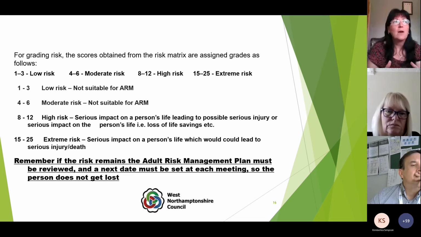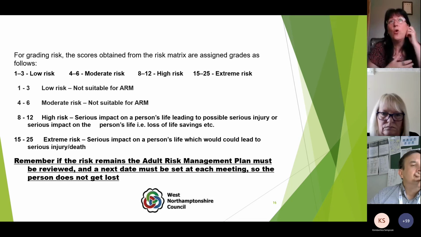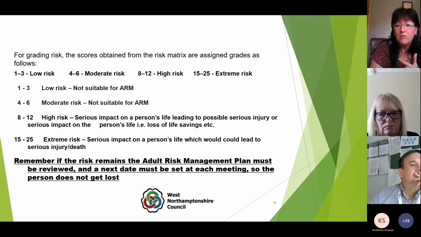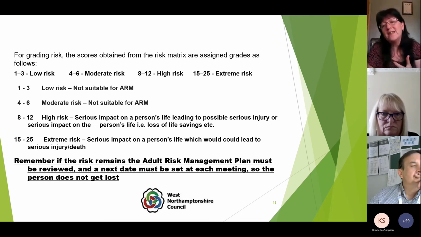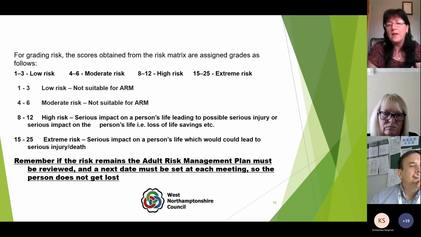Sometimes, in past experience, where ARMs have not gone through this risk matrix or identified that we believe this is a high risk, people haven't always set the next date, and it's been left with whoever is working with that person to chase it up. So I think as a chair, it is really important that you use this tool as a way of setting a date.